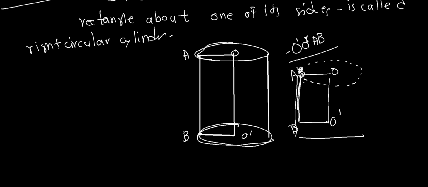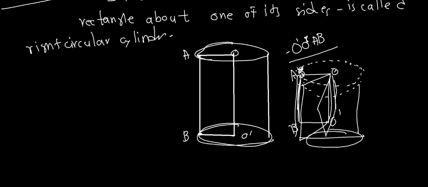So if we imagine this position, then this position, and revolve it in a circular path, we get the cylinder. That is the idea of a right circular cylinder.